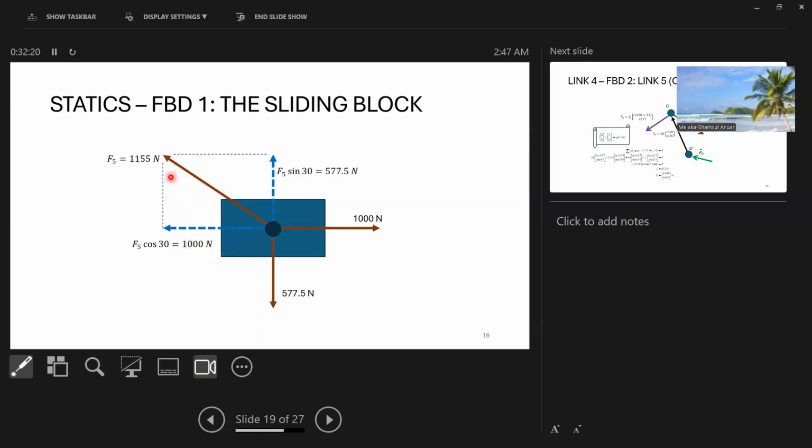Actually, this 1155 comes from F5 cosine 30, where this angle is 30.